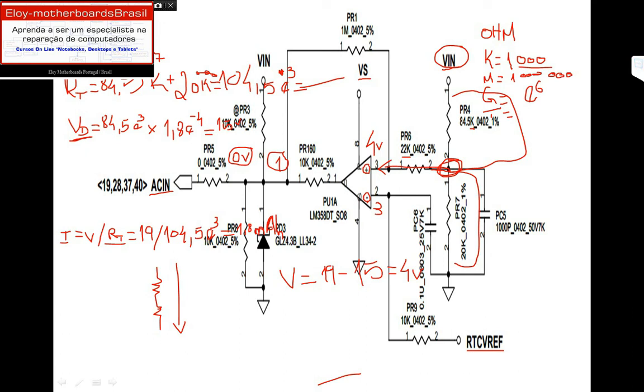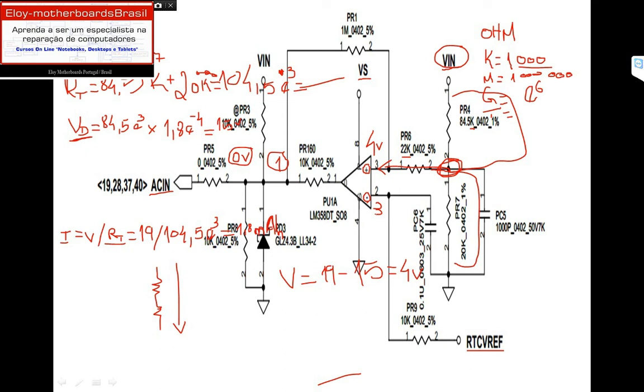If there is some fault on PR4, PR7, PR6, PC1, PC2, PL1, we will not have AC in present, and the computer will not receive the communication indicating that the DC jack is plugged on the motherboard.